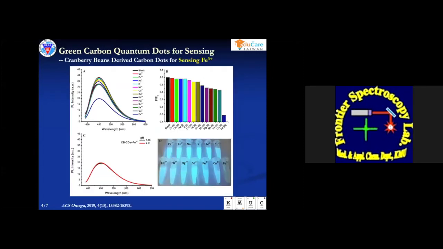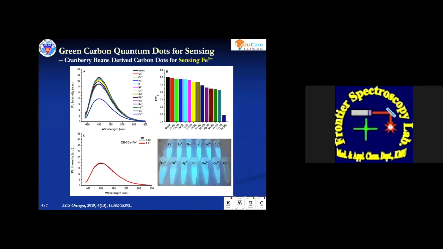And more recently, my lab is working on using the green carbon quantum dots in chemical sensing. For example, this is the figure using the carbon quantum dots for sensing ions.